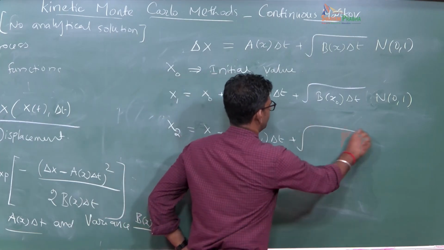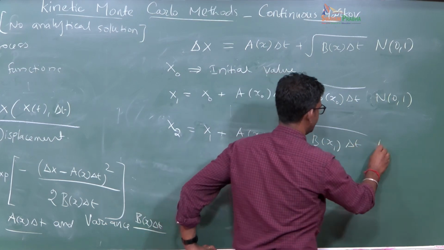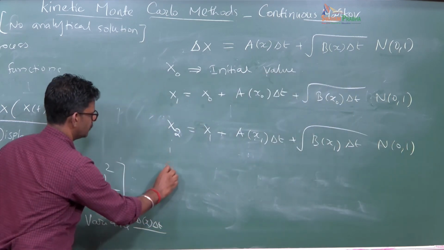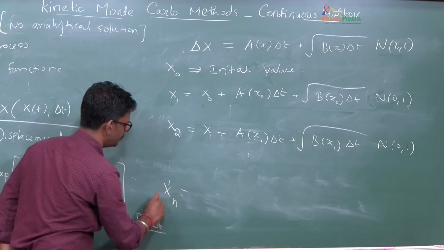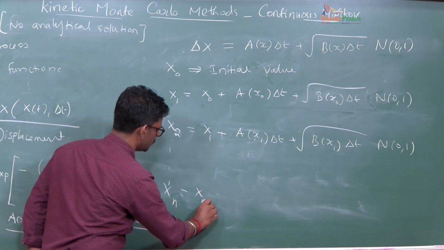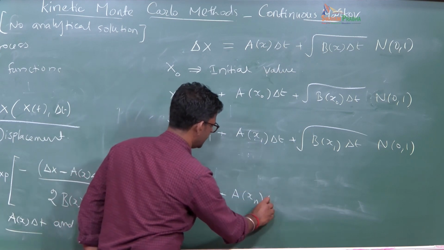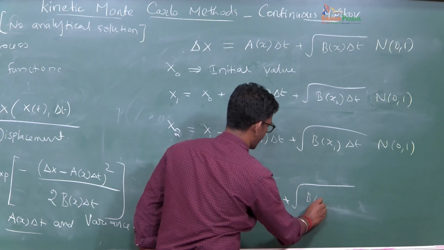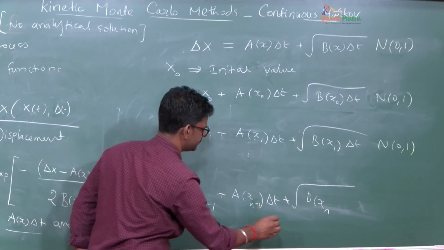Similarly, here you will have b of x1 delta t and n of 0 comma 1, and then you can go all the way up to whatever number of data points you want. So x of n would be x of n minus 1 plus a of x n minus 1 delta t plus b of x n minus 1.